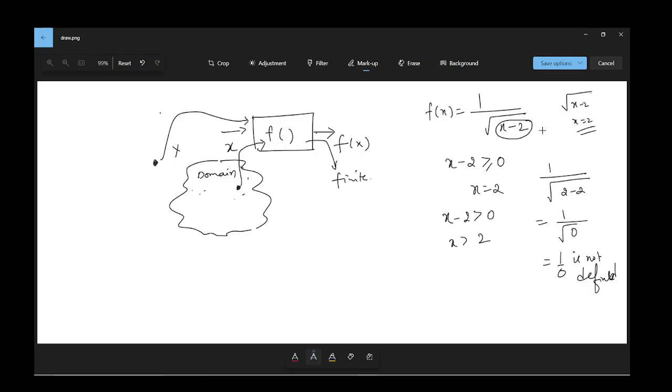But when it comes to the denominator, x equal to 2 is not included. So the domain of this function is x greater than 2, or x belongs to R such that x is greater than 2. Or we can also write the domain, with 2 not included here, as 2 comma infinity.